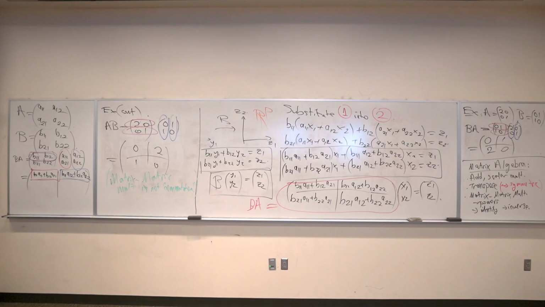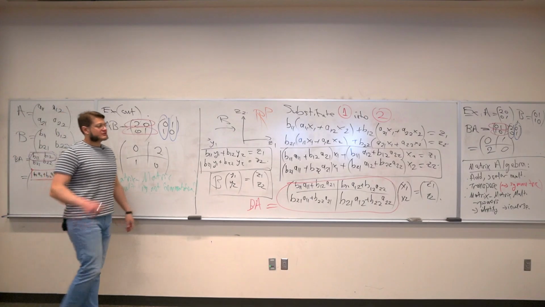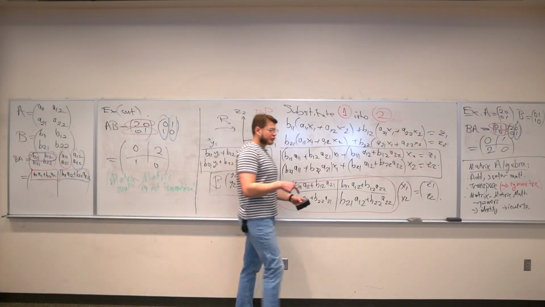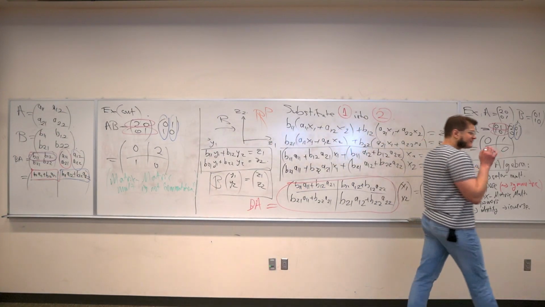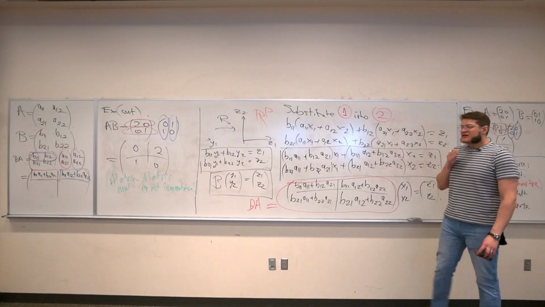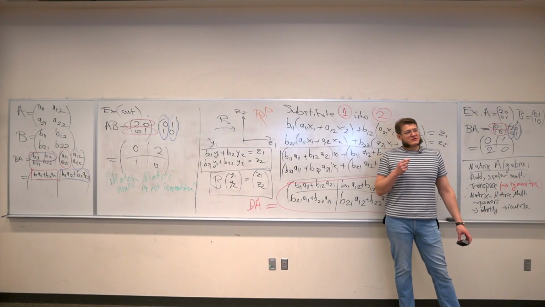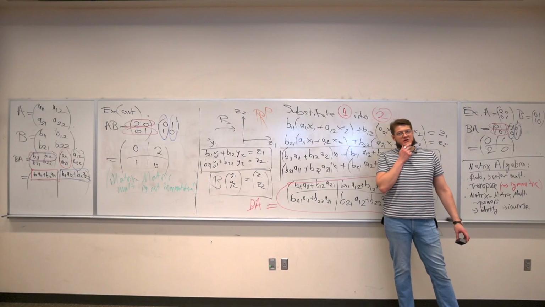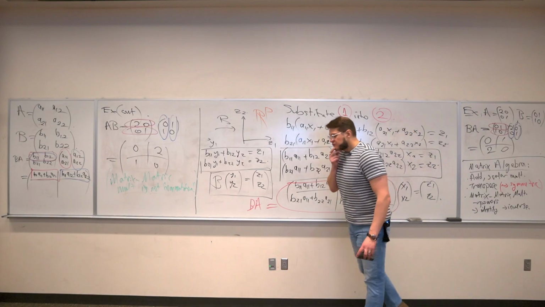Now, on the one hand, this is a bad thing. You would rather not worry about the order in which you multiply. But also, somehow, this fact that AB is not in general equal to BA turns out to be just complicated enough that it models a lot of real phenomena.